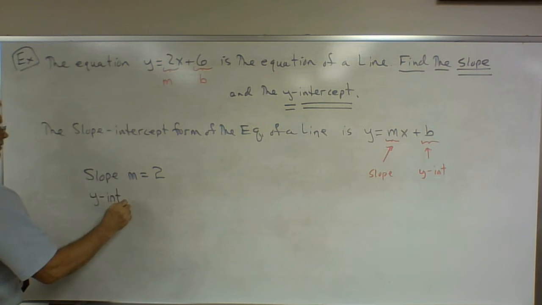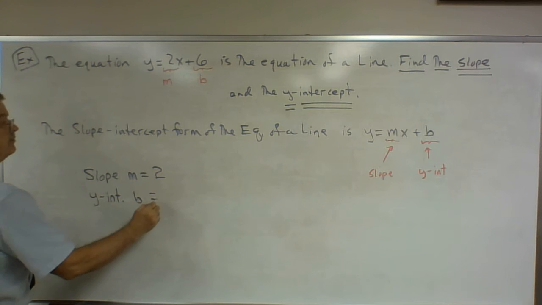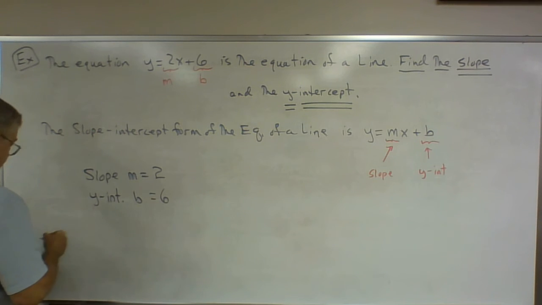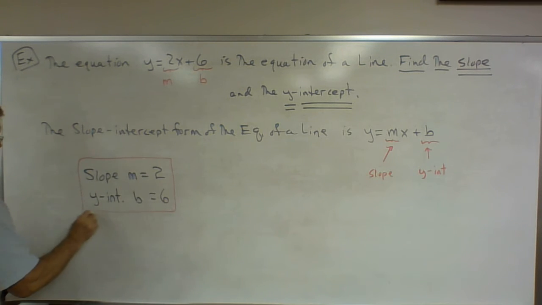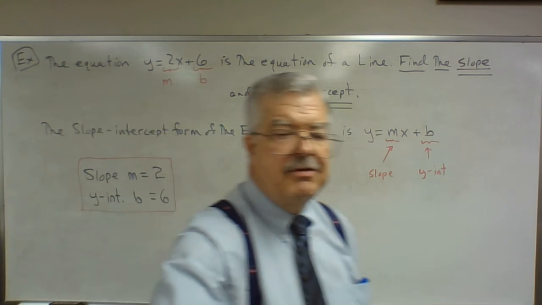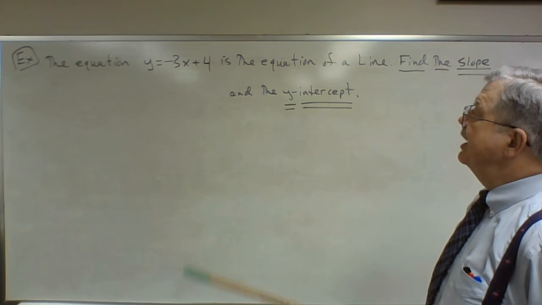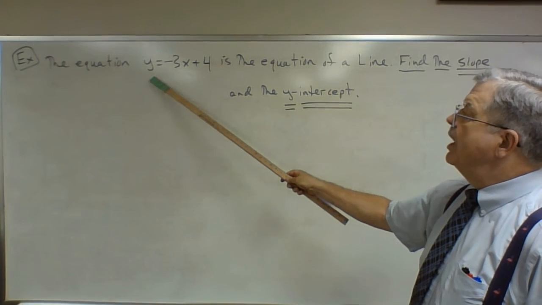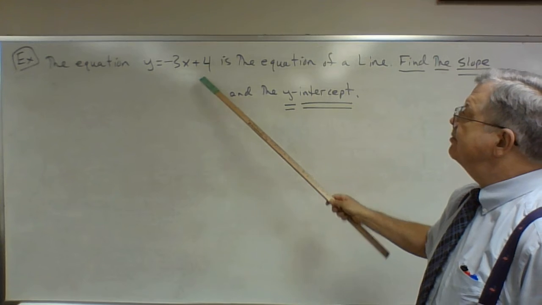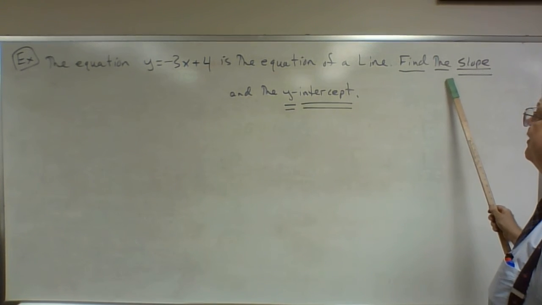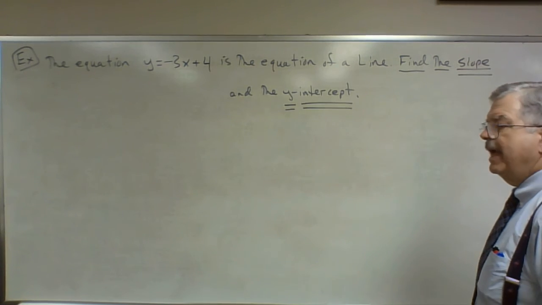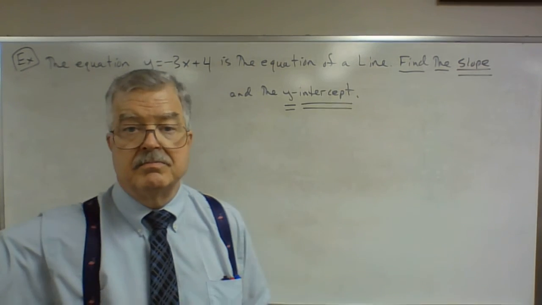The y-intercept, b, is 6. And that's all there is to it. Let's do one or two more like this. Another example. The equation y equals negative 3x plus 4 is the equation of a line. Find the slope and the y-intercept.